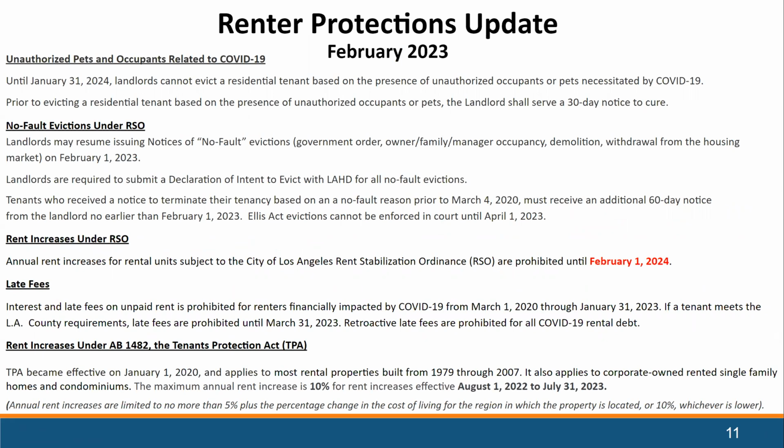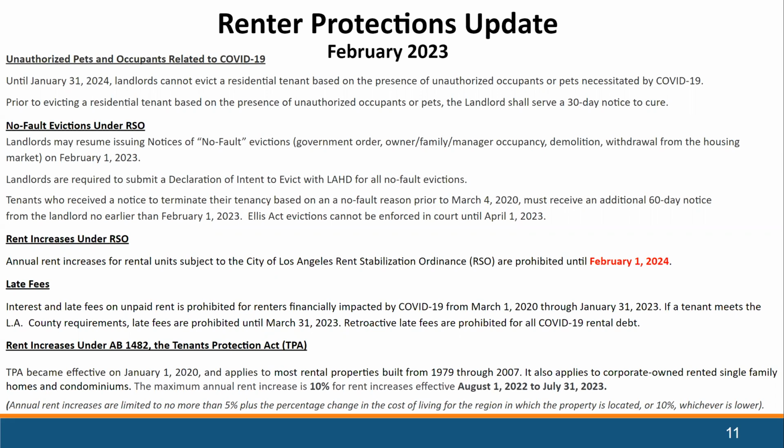Additional protections from eviction for all residential units in the city of Los Angeles are as follows. For unauthorized pets and unauthorized occupants related to COVID-19, until January 31st of 2024, next year, landlords cannot evict a residential tenant based on the presence of the unauthorized occupants or pets that were necessitated by COVID-19.